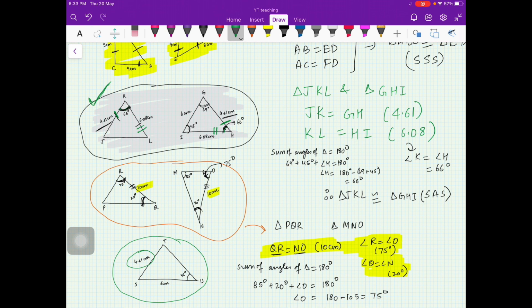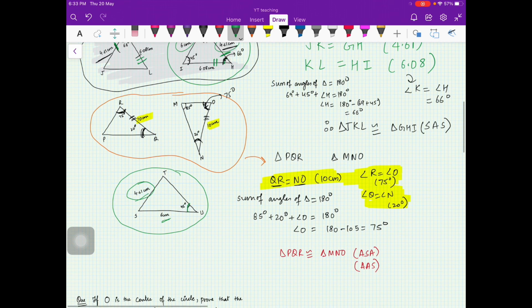But here again you are given one side 4.61 centimeter, another side 6 centimeter. So maybe you can try this one, right? Because here also your angles are this, but then you don't have the angle equal. There is a 145 degree angle, but that is not between the equal sides, right? So you cannot comment. We cannot say whether this last triangle is congruent to any other triangle or not according to the information which is given to us.